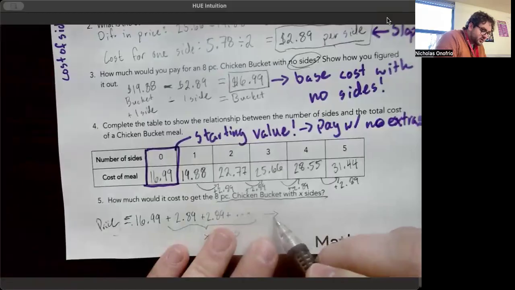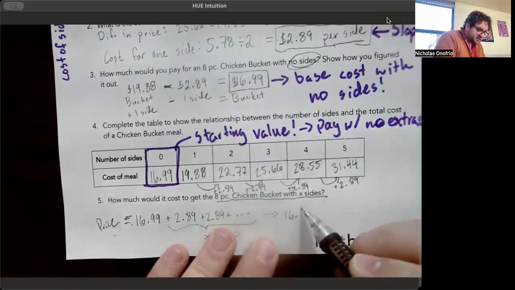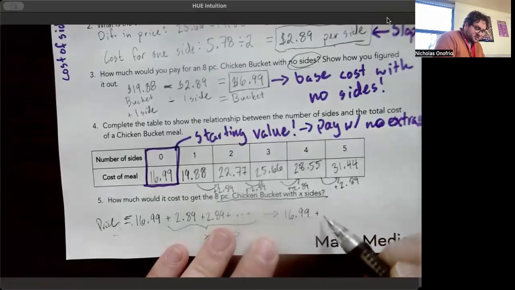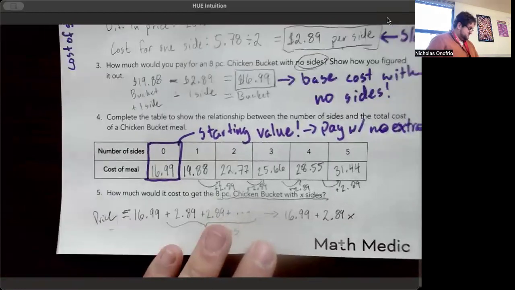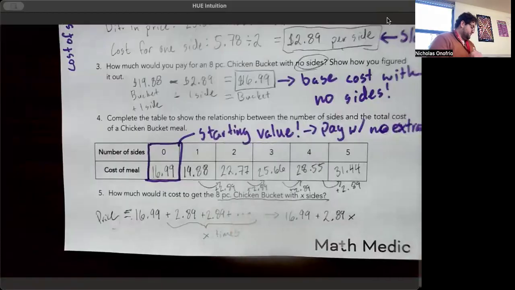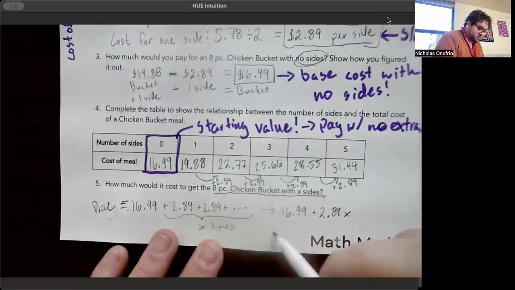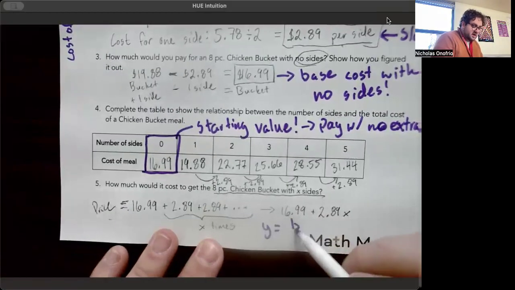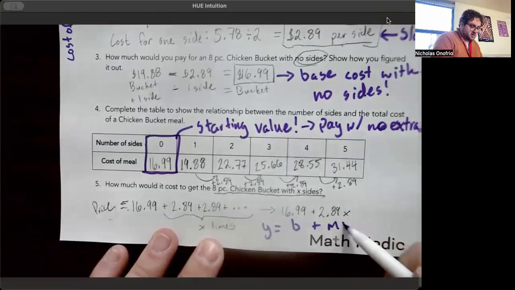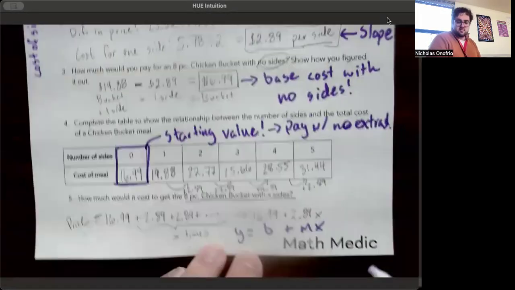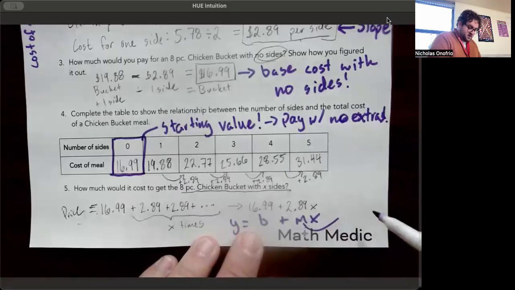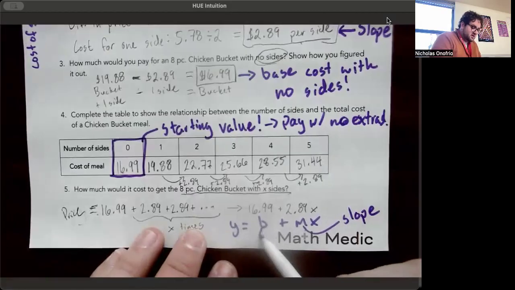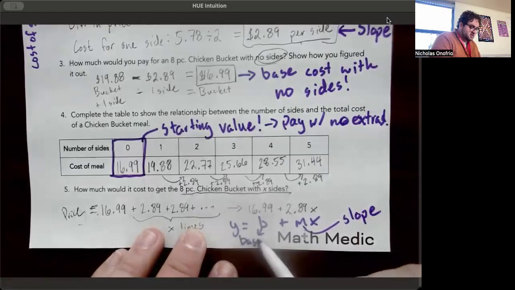So we can rewrite this as $16.99 plus 2.89x, where this matches the form of our equation y equals b plus mx, where m is our slope and b is our base value.